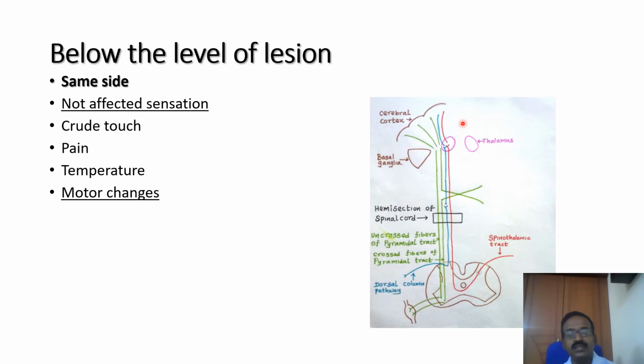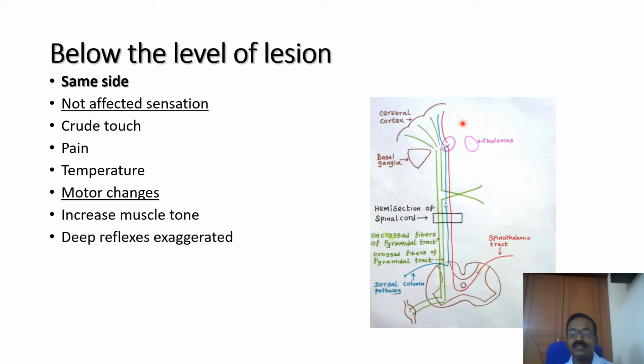The motor changes: muscle tone increases, spasticity is produced, and deep reflexes are exaggerated. Babinski sign is positive. If you strike the plantar aspect of the sole from the heel to the big toe in a curved pattern, it will produce a plantar extensor response, that is the Babinski sign.